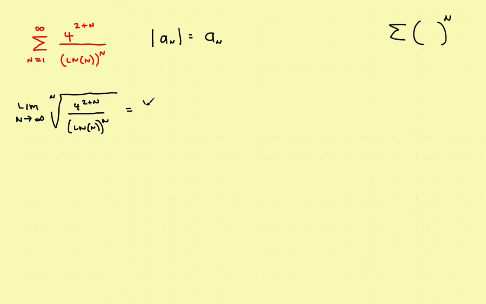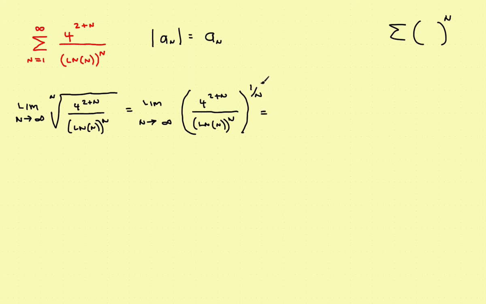Again, the first thing I'll do is make this be the limit as n approaches infinity. And rather than the nth root, I'll rewrite it as that whole thing to the 1 over n. So just change it from an nth root to a 1 over n. Now inside here, it'll still be the original. So this will be 4 to the 2 plus n divided by natural log of n to the n. So it looks like that.